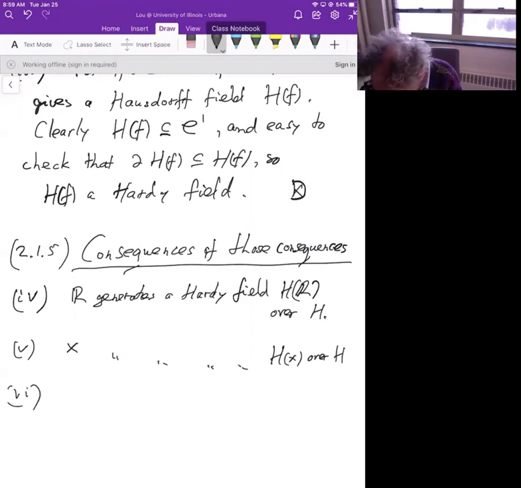Now I want to adjoin the logarithm of f, for f positive, the positive element; this is my notation for the positive elements in an ordered field.